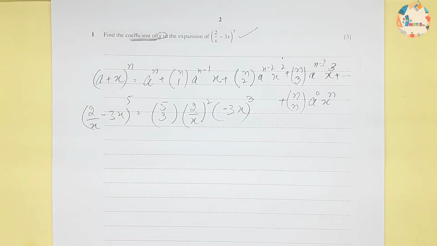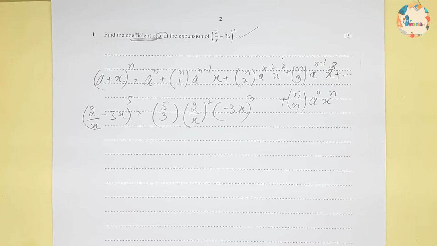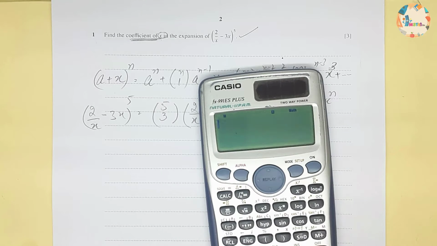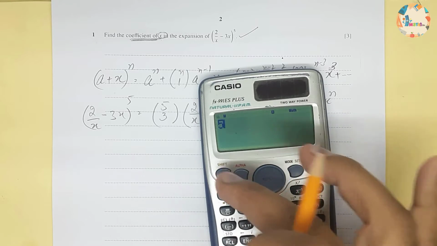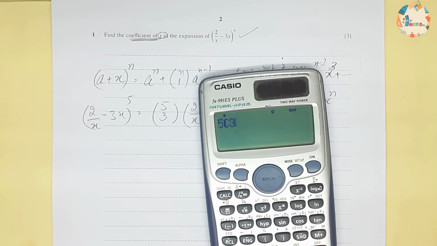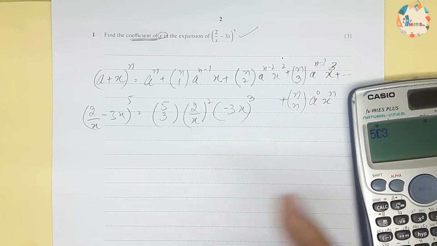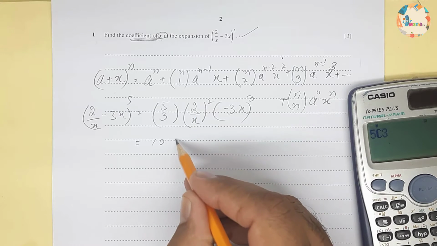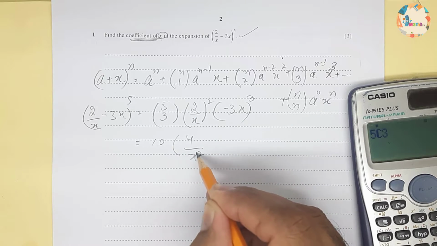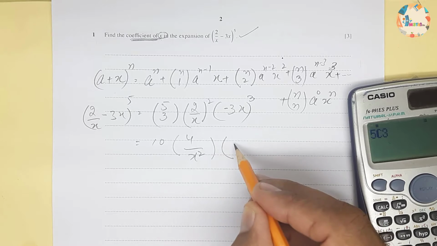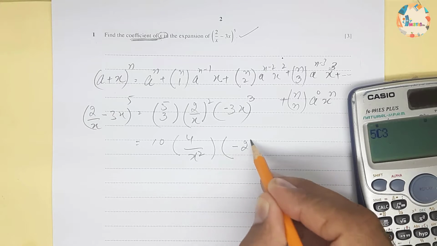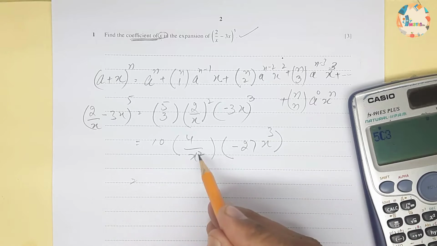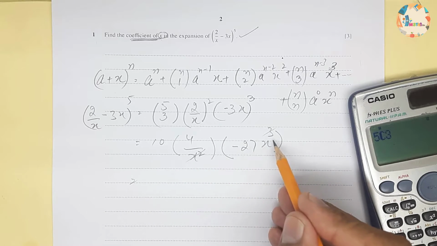So 5C3 we can check with the calculator. C3 will give us 10, so this will be 10, and 2 squared will be 4 over x squared, and this one will be minus 27 (3 cubed), so x raised to the power 3, and this will cancel and we'll be getting x only.